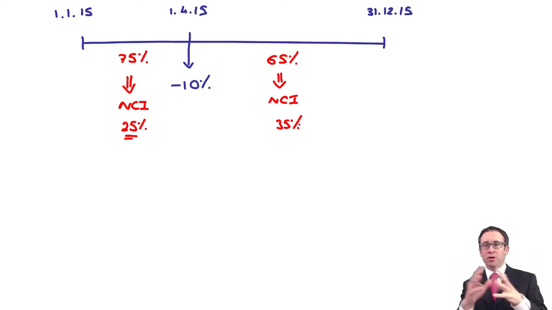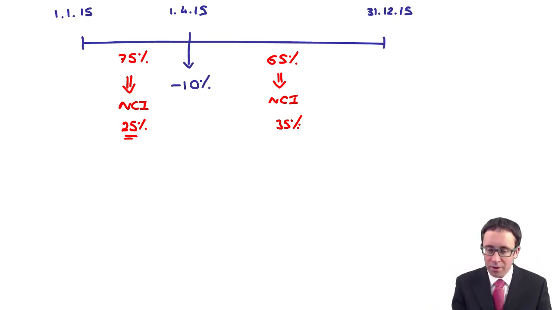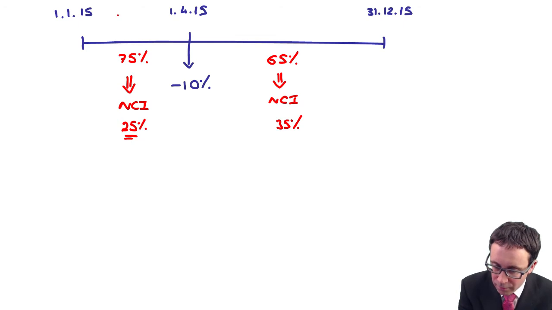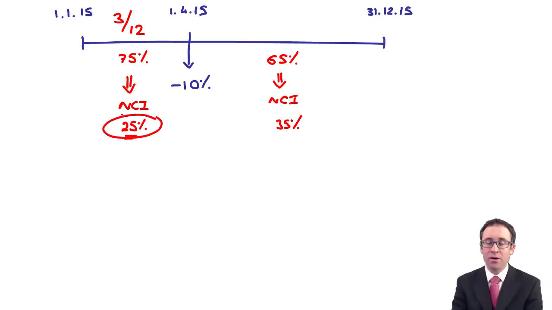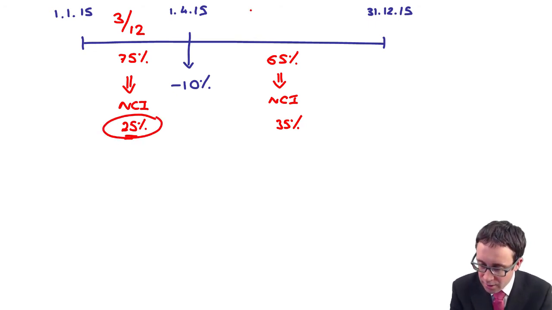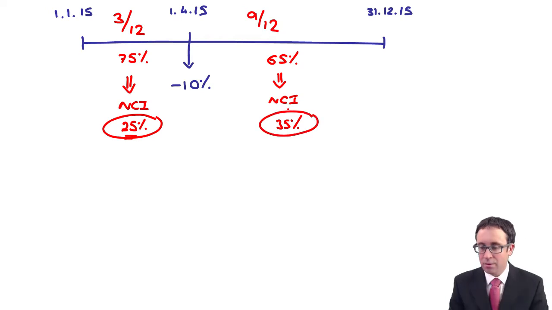Okay, so let's just get a picture of what's happened during the year, because we can then think, well, look, for 3 months, we had a 25% non-controlling interest, and then for the remaining 9 months, we had a 35% non-controlling interest.